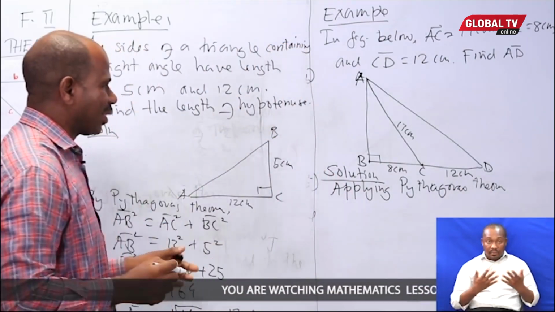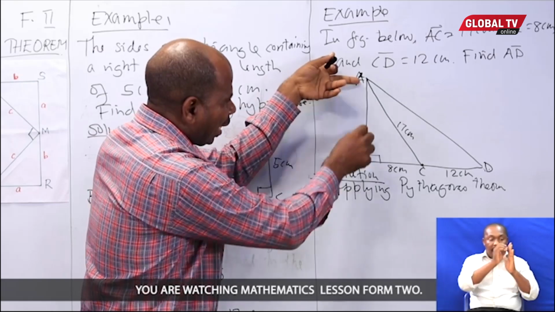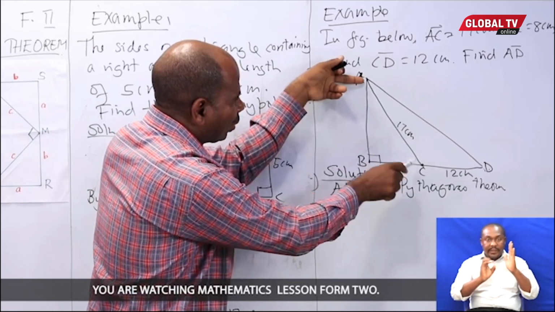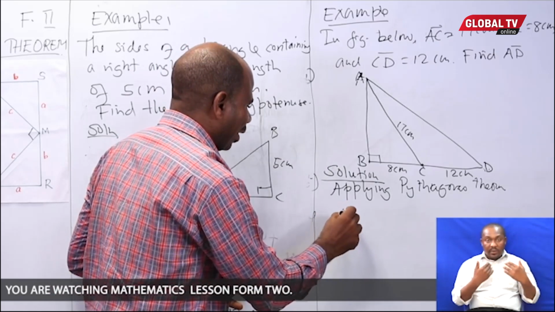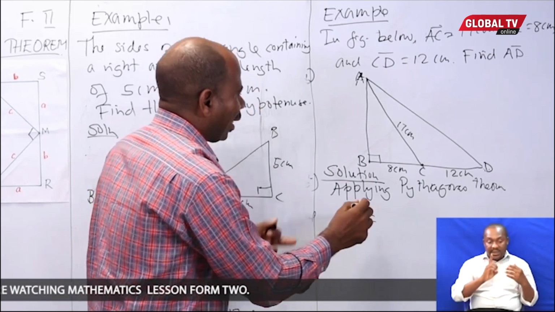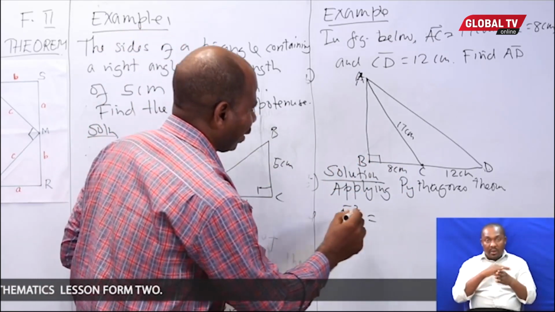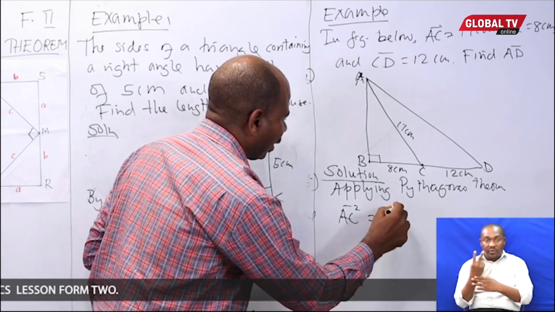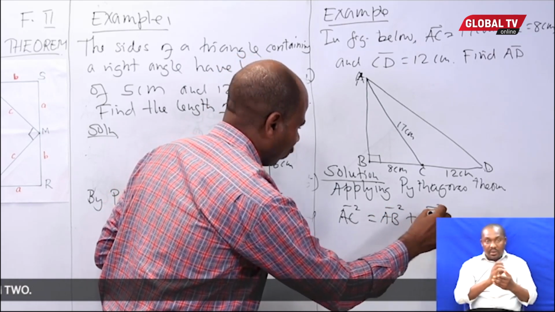For the first triangle ABC, the hypotenuse here is AC. So AC square is equal to the sum of the squares of the other two sides, which is AB square plus BC square.